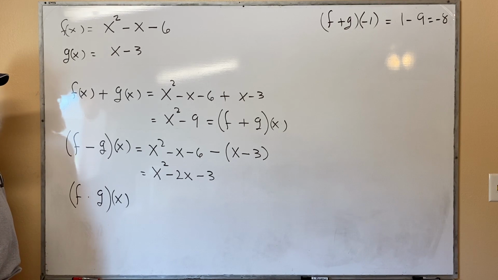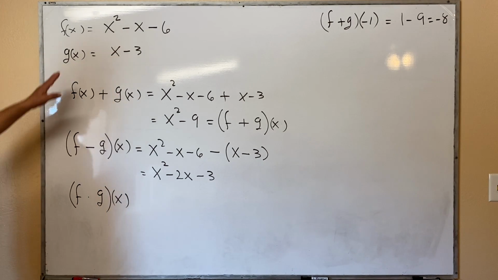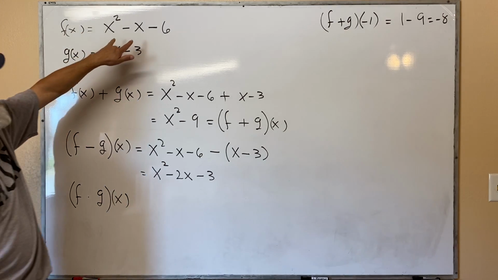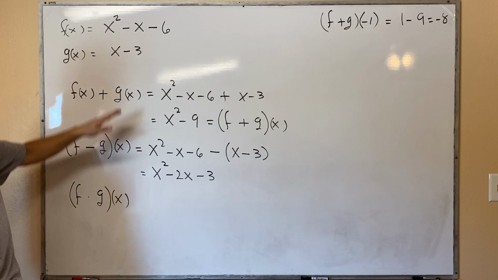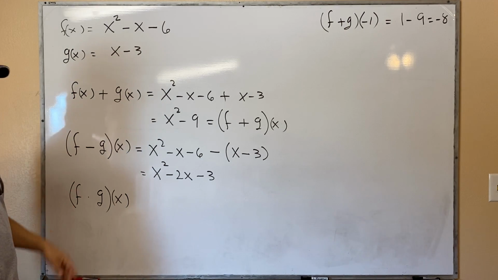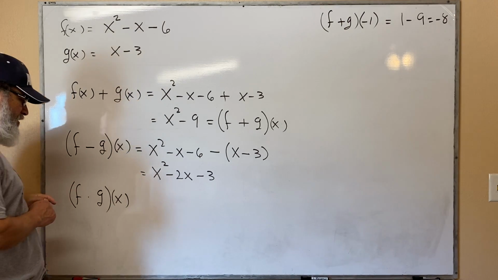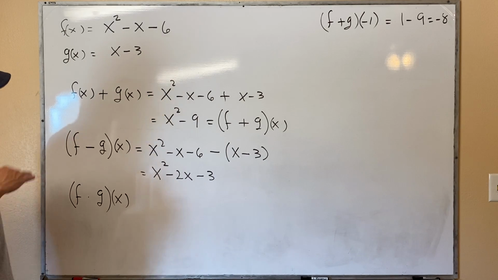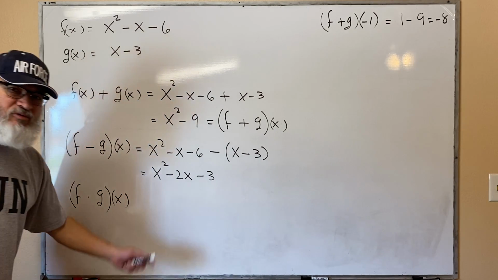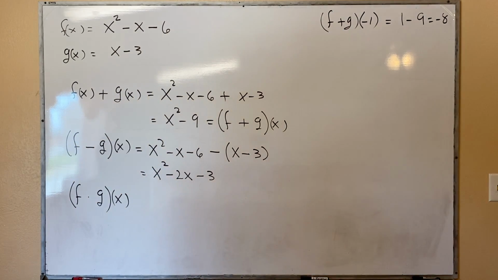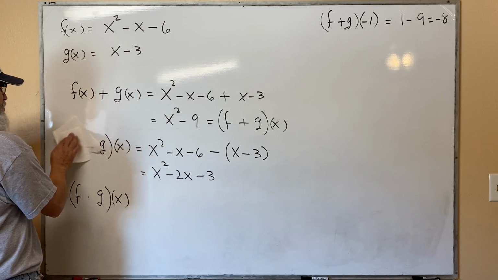Okay? So we're multiplying these two functions. We can do that. Basically, you're multiplying this trinomial, which is f of x, times the binomial, which is g of x. Basically, that's what you're doing. Okay? So I'm going to have to erase this because I'm running out of room.